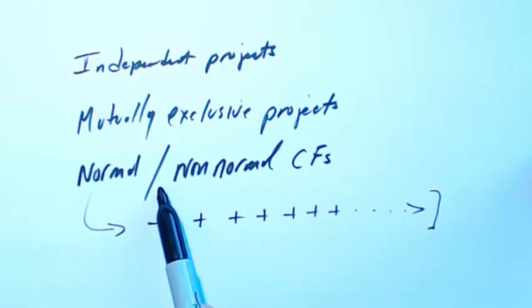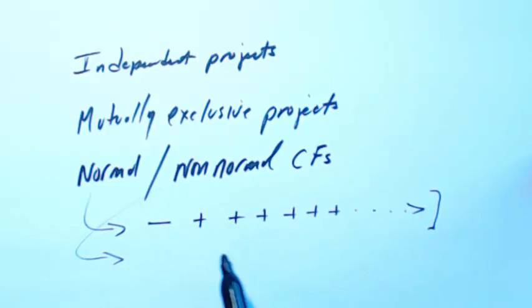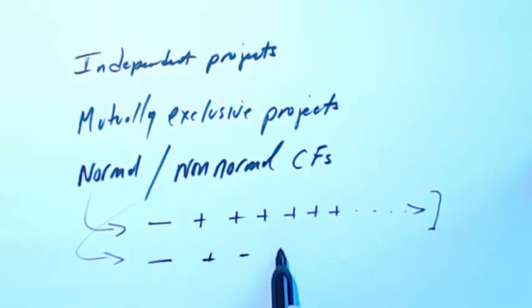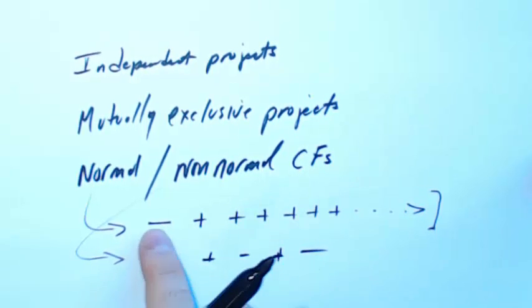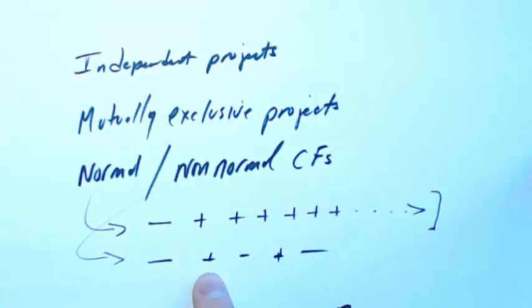The other thing we want to keep in mind is non-normal cash flows. They could be anything but this. In other words, if you have this, those are non-normal cash flows. You start out consistent with the first pattern, the normal, but then you're alternating signs on your cash flow. You get positive cash flow, negative cash flow, positive cash flow. That's non-normal.